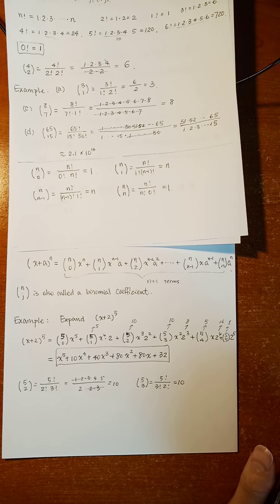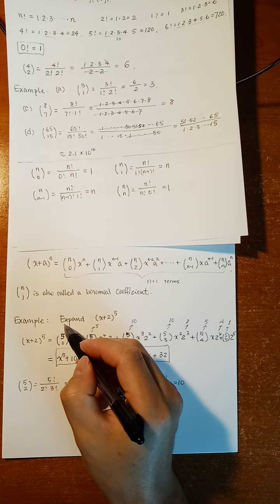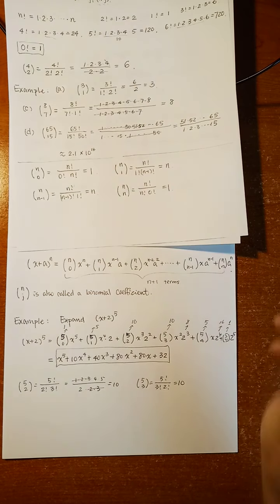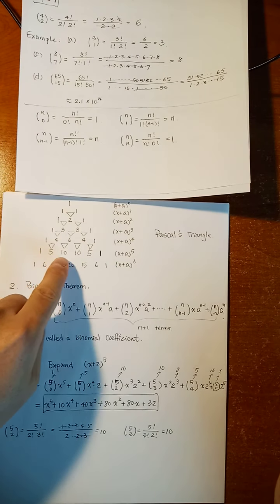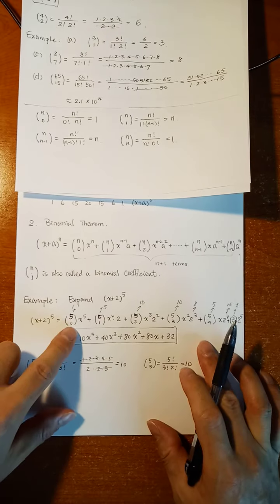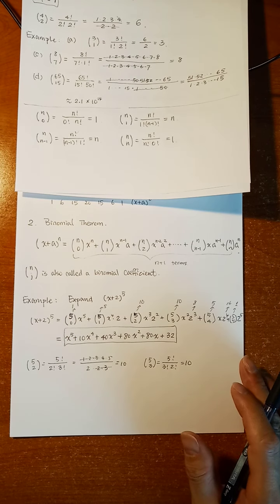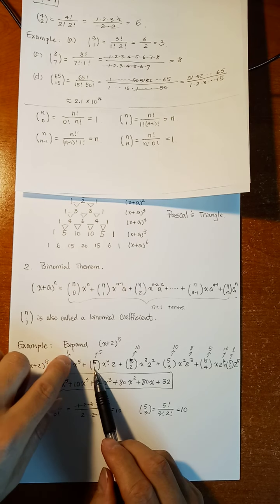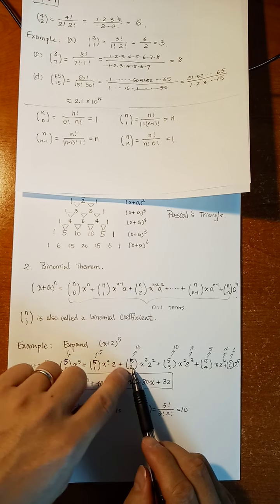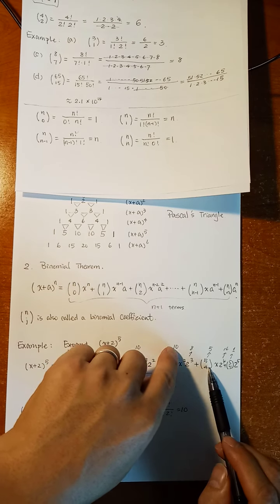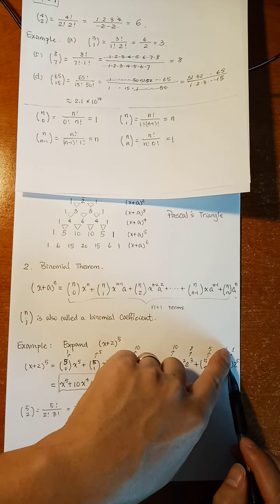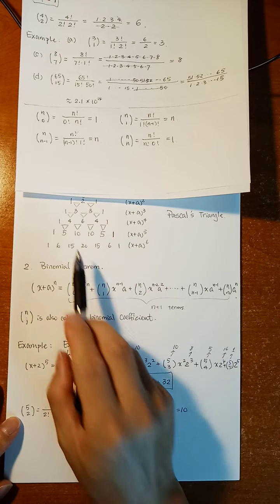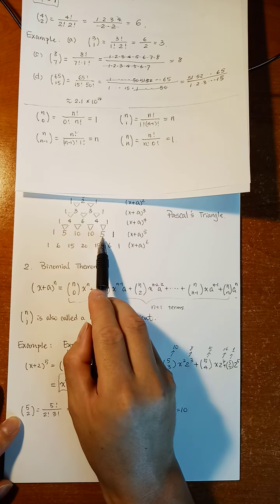So you see, same thing. You check here. You have 1, 5, 10, 10, 5, 1. That's exactly the binomial coefficients. So 5 choose 0 is 1, 5 choose 1 is 5, 5 choose 2 is 10, 5 choose 3 is 10, 5 choose 4 is 5, 5 choose 5 is 1.